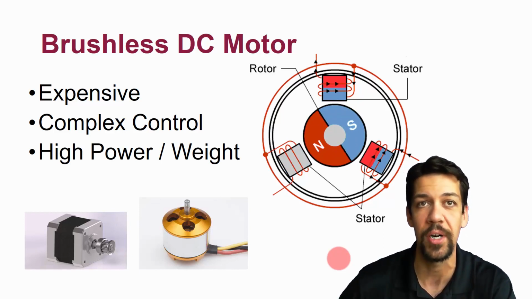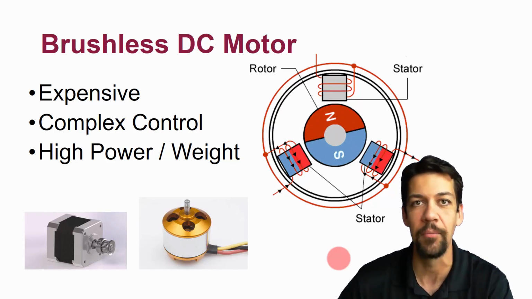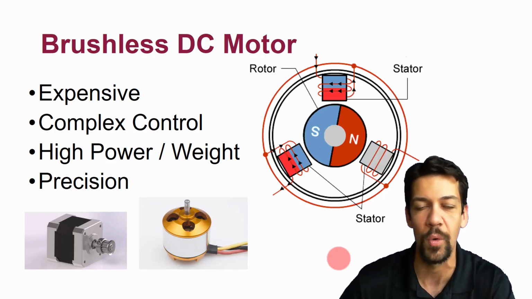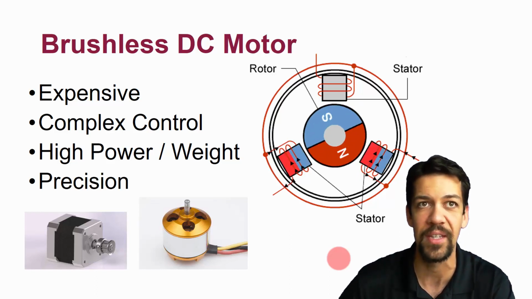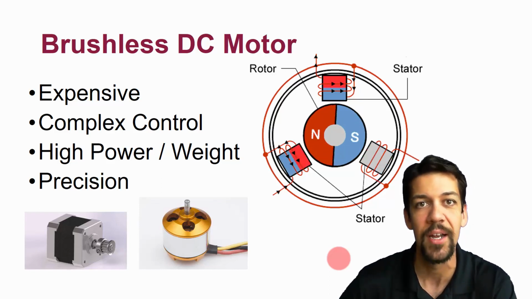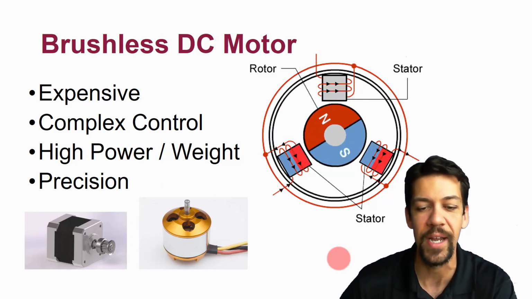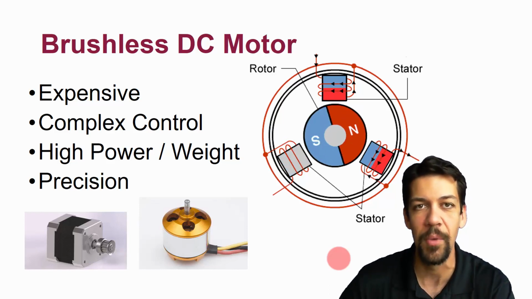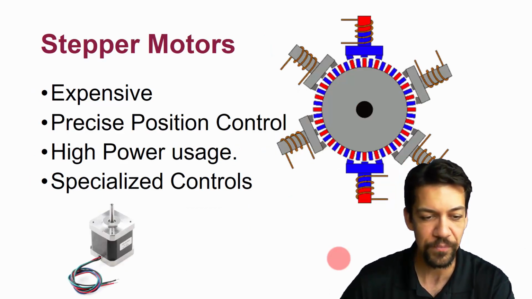We can put as much current into the coils as we want, which gives them a lot of torque and makes them more flexible. They're also extremely precise because we can coordinate how fast the motor is running by controlling the current in the coils. We can even go down to making individual steps or control the speed of the motor very precisely.